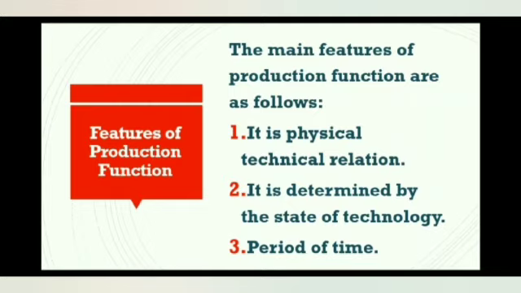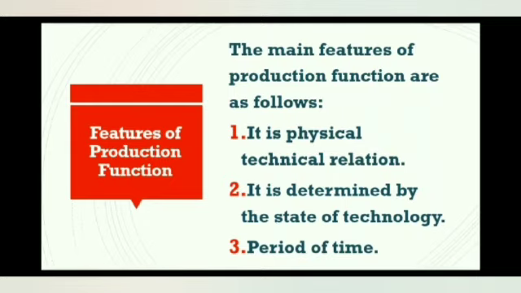Production function signifies the technical relationship between inputs and outputs. The engineer or technician can tell the various combinations of input that are possible and the output resulting from them by using a particular process of production. It is purely a physical-technical relation.